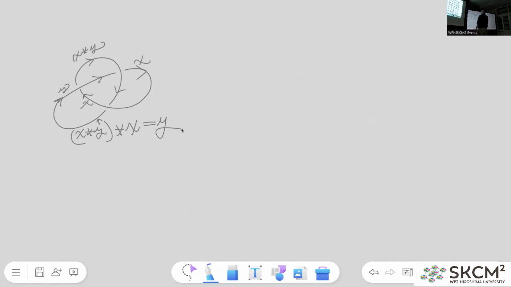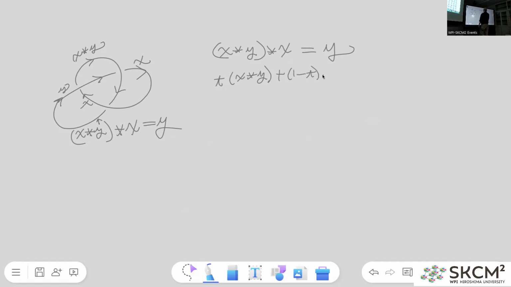And what relation will this be? Let's see. So we're going to start with the relation and write it out in the quandle. So we have x star y star x equals y, a kind of algebraic version of the knot. And this says that t times x star y plus 1 minus t times x should be equal to y.